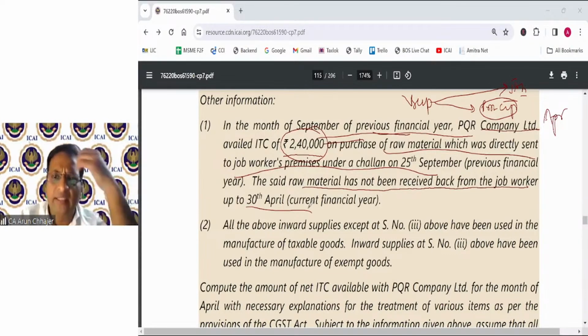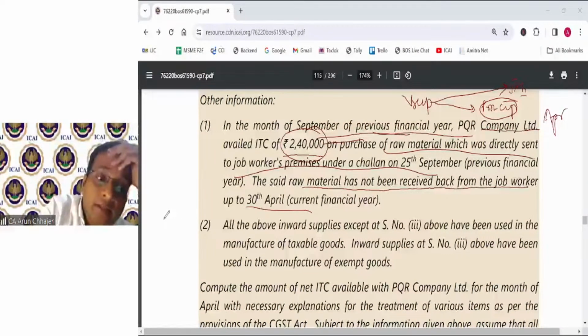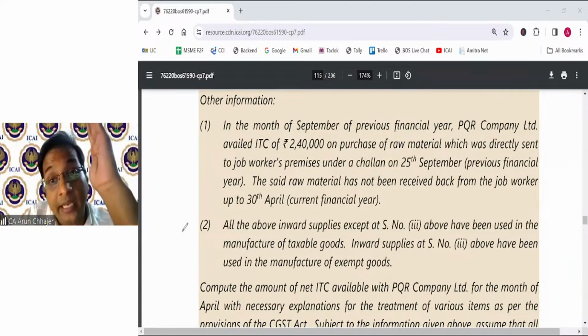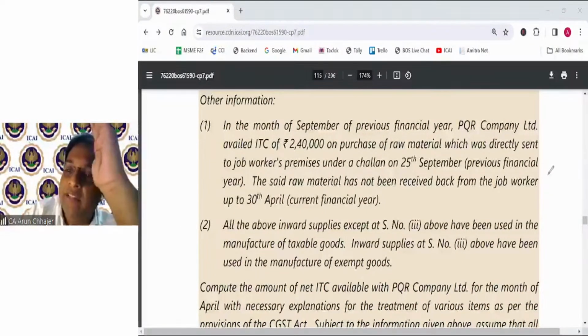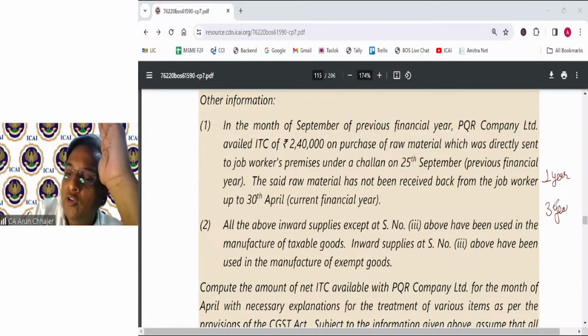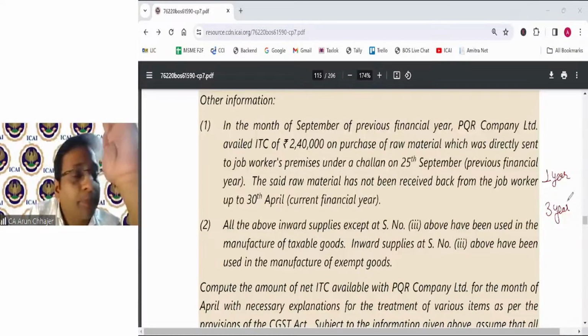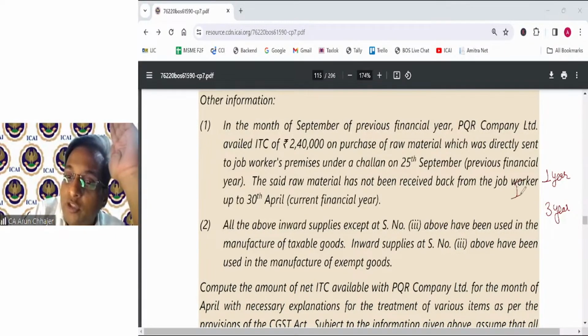If you read section 143 and rule 45, you will understand that inputs should come back within a period of 1 year, and capital goods should come back within a period of 3 years. When you read the provision related to job work, you will understand the input should come back within 1 year and capital goods within 3 years.